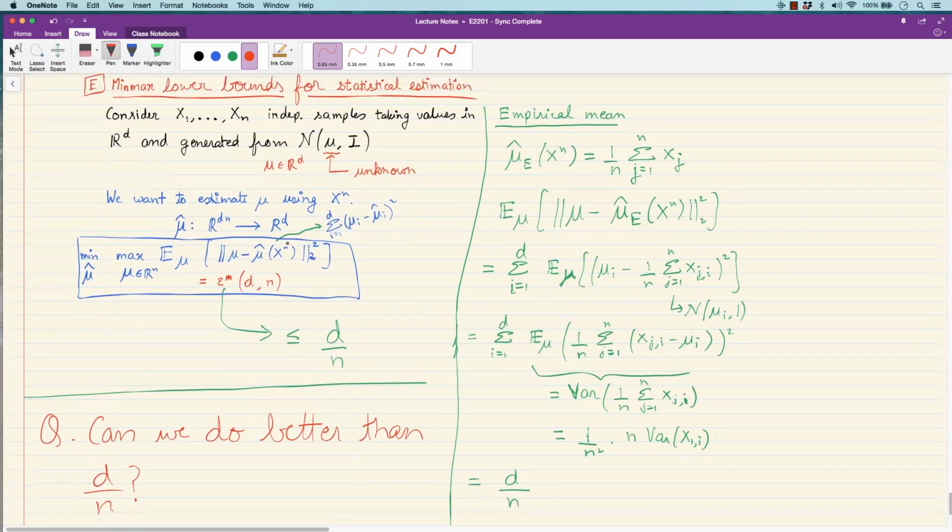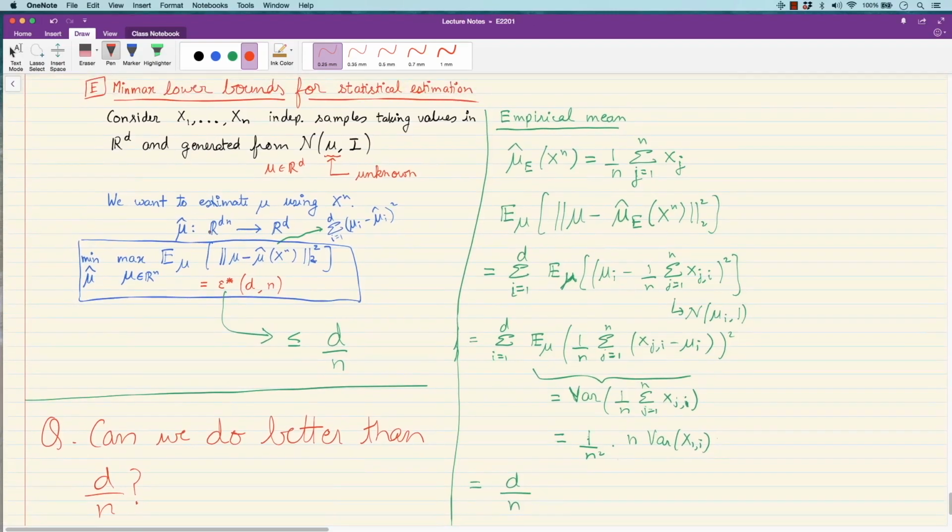See, the optimality of an estimator will depend on what cost function we are working on and what paradigm we are looking at. For example, earlier for the hypothesis testing problem, we saw two different kinds of formulation. One was this Bayesian formulation. Second was this Neyman-Pearson formulation. Similarly, for estimation, there are several different formulations.